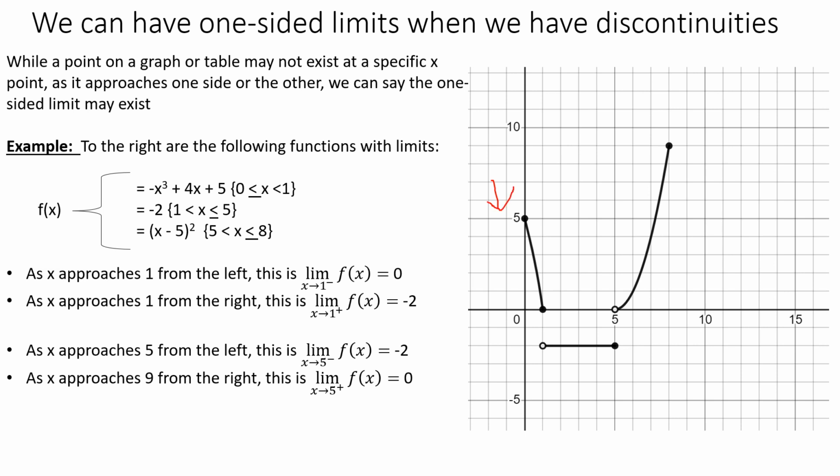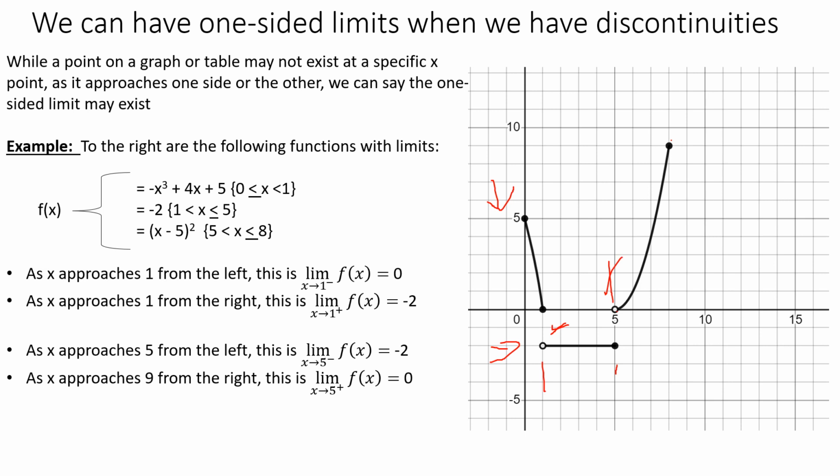And then negative 2 from 1 to 5. And then x minus 5 squared from 5 to 8. Notice I have a hole here, and I have a hole here.